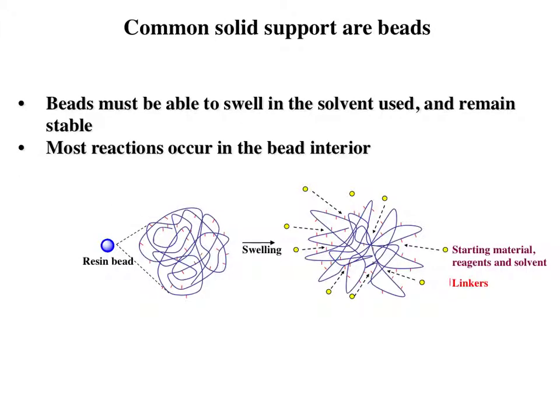In automated solid-phase peptide synthesis, or just solid-phase peptide synthesis, the common solid supports are beads. The beads must be able to swell in the solvent used and remain stable, and most reactions occur in the bead interior. So here's a resin bead, which is essentially a polymer we had talked about in the previous lecture.